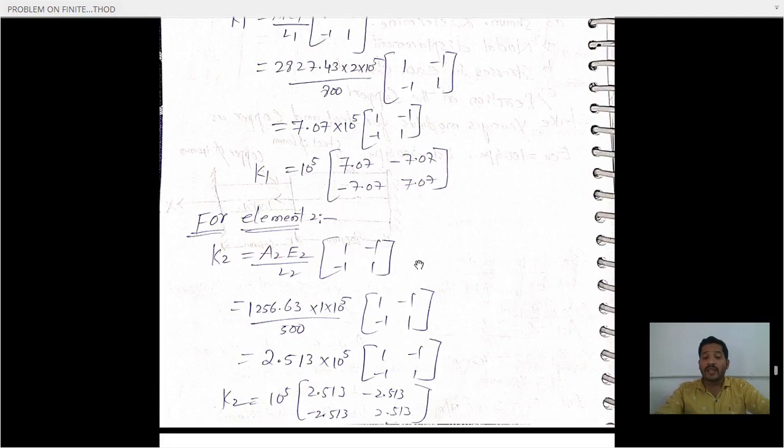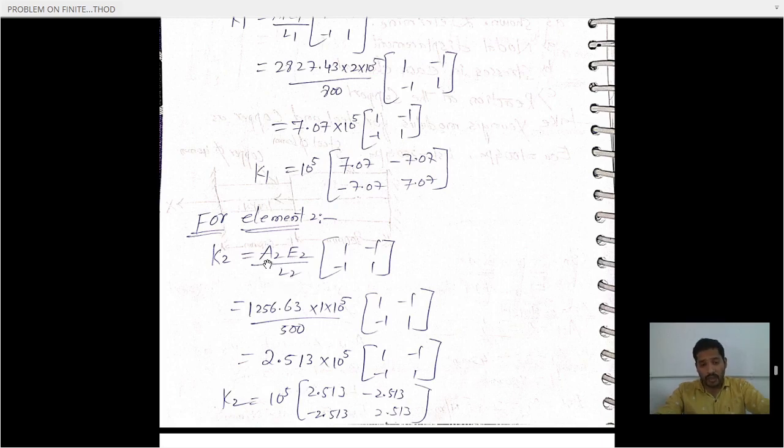7.07. After getting the elemental stiffness matrix, we need to find the elemental stiffness matrix for the second element. So K2 equals A2 E2 by L2, [1 -1; -1 1]. A2 indicates the area of copper, and E2 indicates the Young's modulus of copper, divided by the length of the copper.